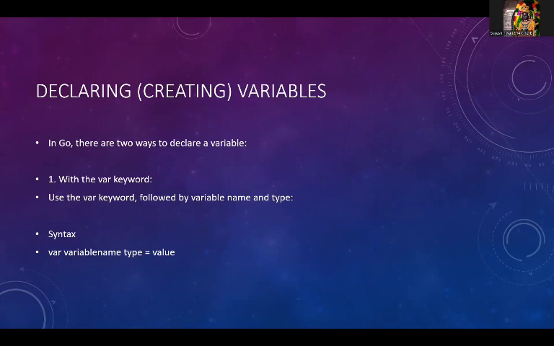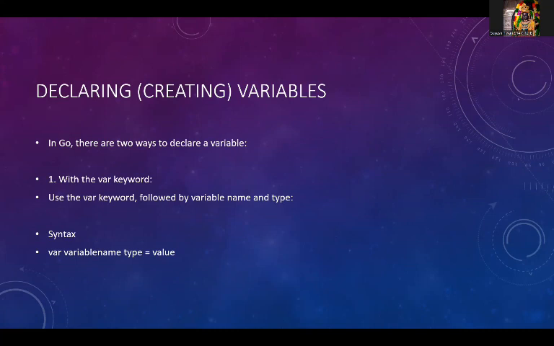Now, how can we declare or create a variable? In Golang, there are two ways to declare a variable. The first one is with the var keyword. We use the var keyword followed by a variable name and its type.